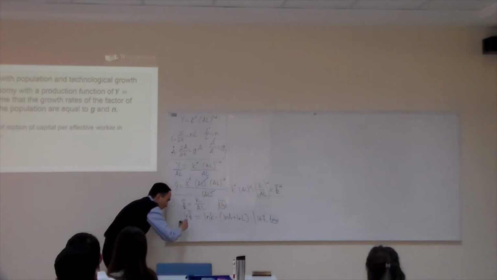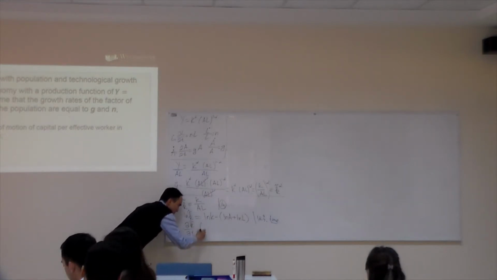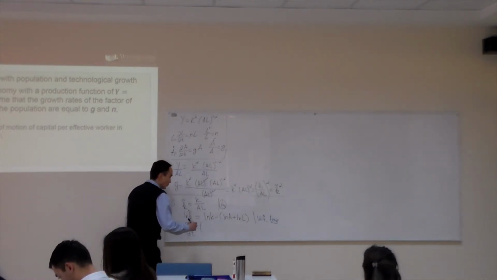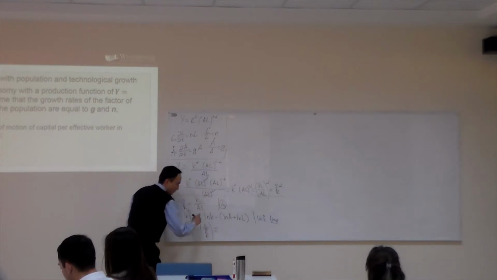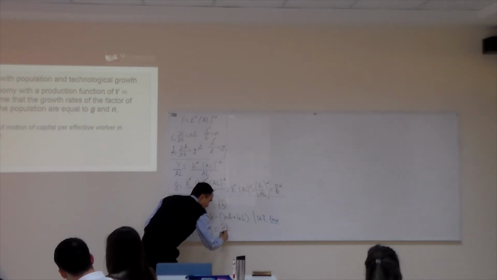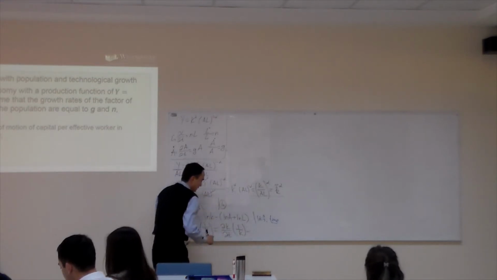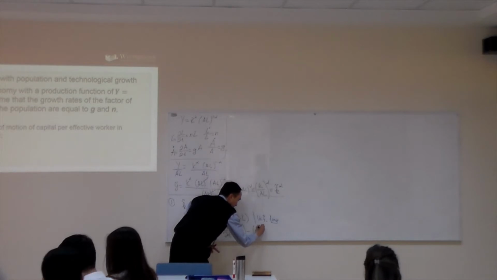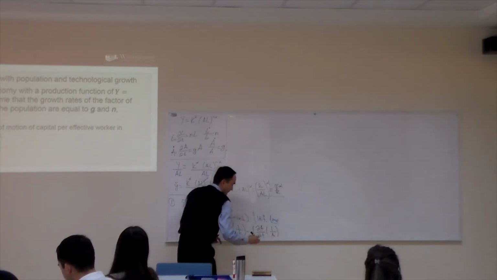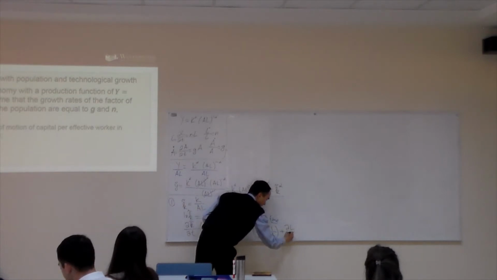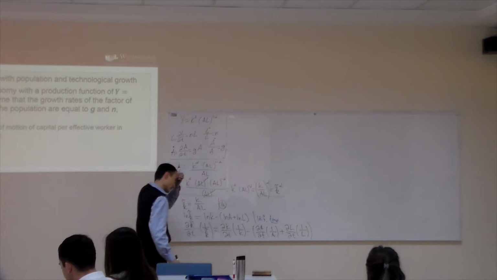So now, if I take the first difference, a change in capital per effective labor with respect to time times 1 over capital per effective labor, since the first difference of ln x is 1 over x, right? Equals change in capital stock with respect to time times 1 over capital stock minus change in technology with respect to time times 1 over technology plus change in labor with respect to time times 1 over labor.